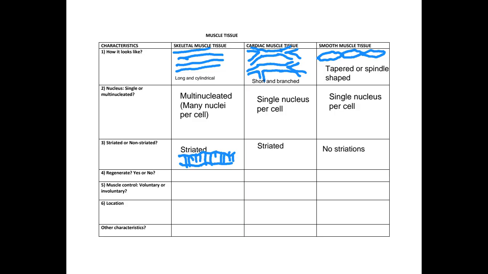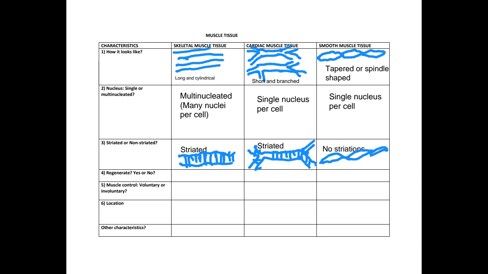If you look at cardiac muscle tissue and you draw it and you see the stripes, those are the striations. And then the smooth muscle tissue, it will just look like that. No striations on there.